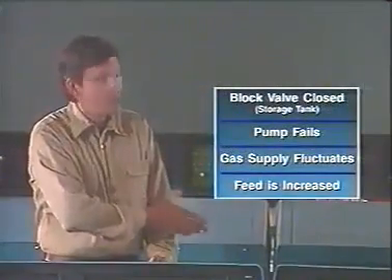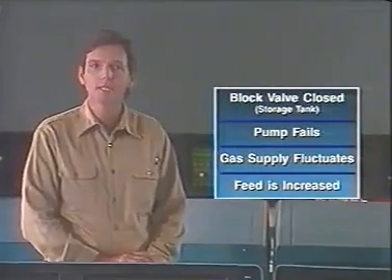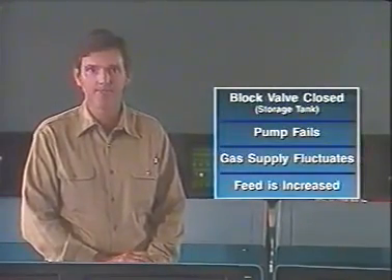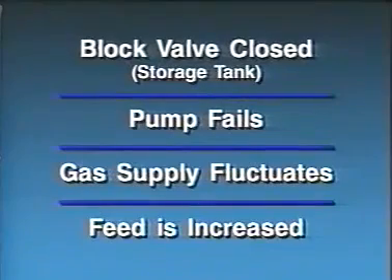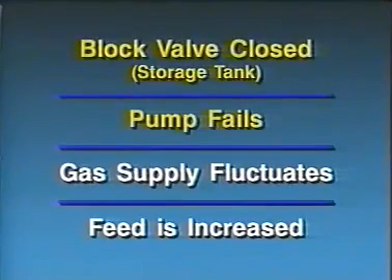This list names the examples of process upsets we just described. In two of the examples, the process cannot be returned to set point by automatic controls. Decide which two examples they are. If you decided storage tank and the pump failure, you were correct.